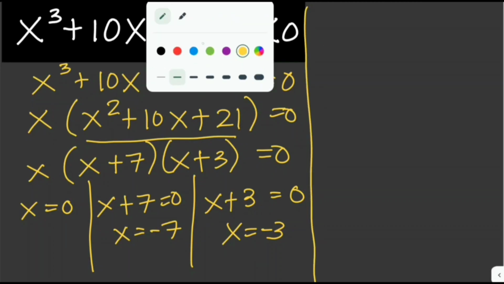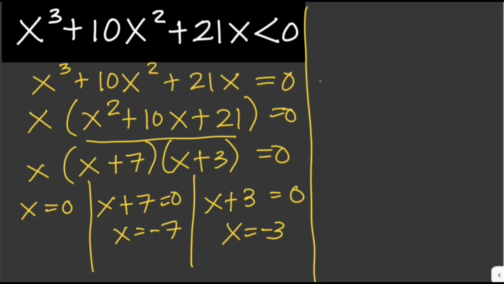So let's try plotting them on the number line. So this is our number line here. This is positive infinity and negative infinity. This is 0, this is negative 3, and this is negative 7. Since the given inequality here is less than 0, that means it's open, it's not equal.